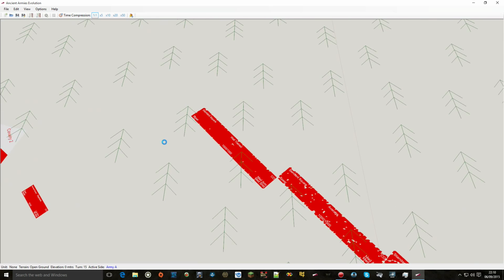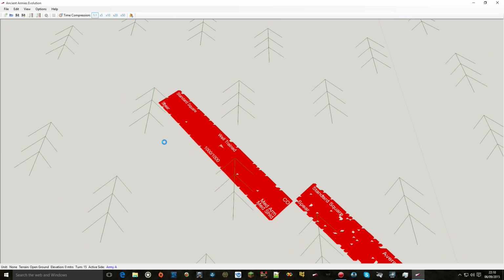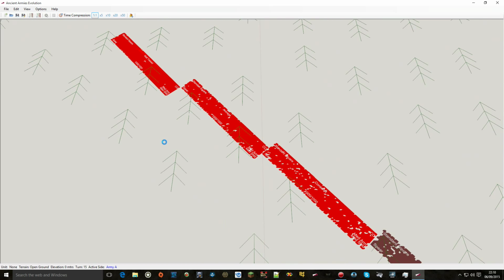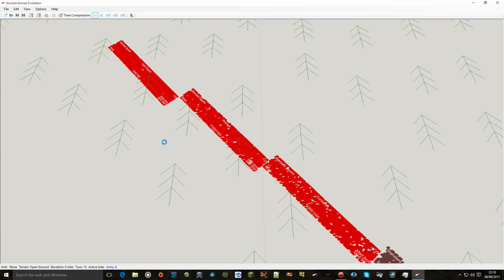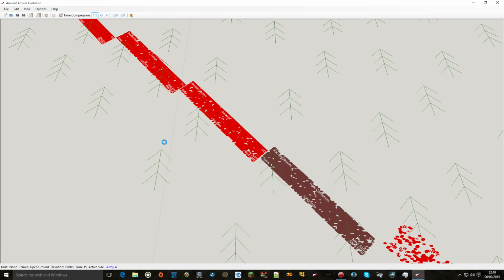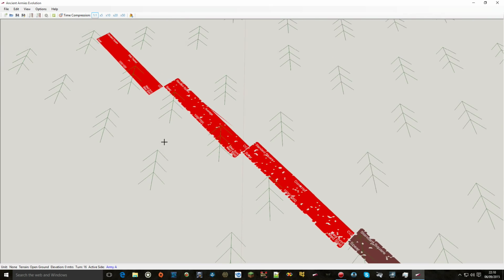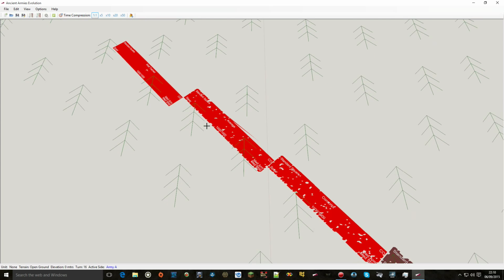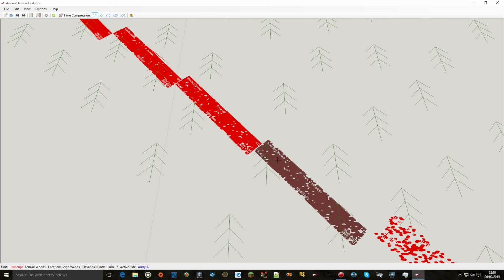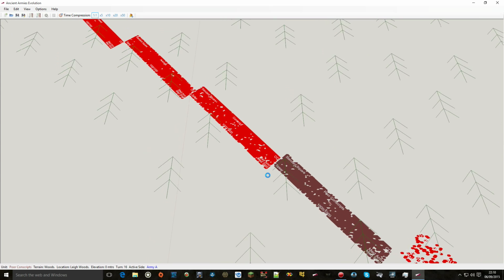So the well-trained guys are nearly there in terms of their cohesion. There we go. They're fully formed. The average guys are still working on it, as are the conscripts, and the poor conscripts are still working on it as well.